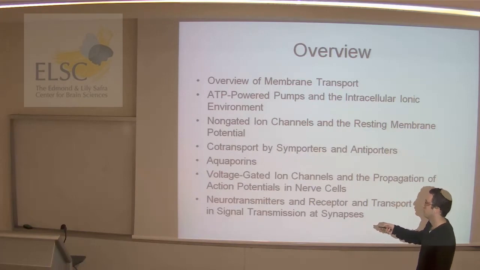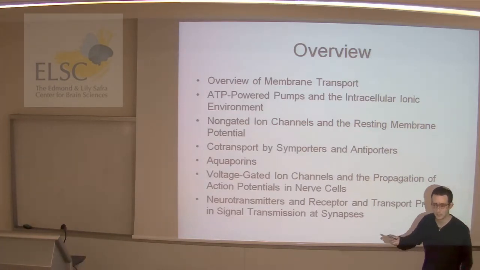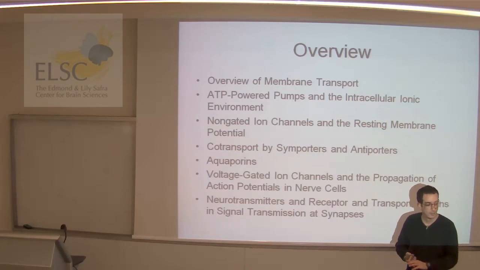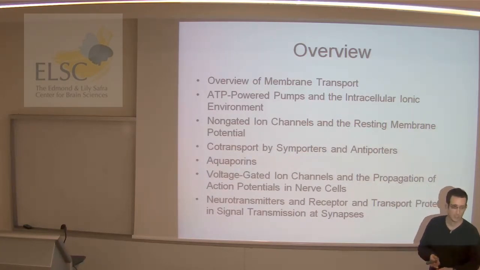Then we will learn about the voltage-gated ion channels as opposed to the non-gated ion channels. Gated ion channels can be gated by several different stimuli. They can be opened and closed by a mechanical stimulus, like mechanical receptors in our skin. They can be opened or closed by an electrical potential, or recognition of a specific ligand, like a neurotransmitter.